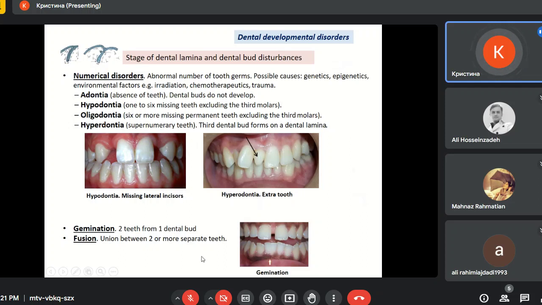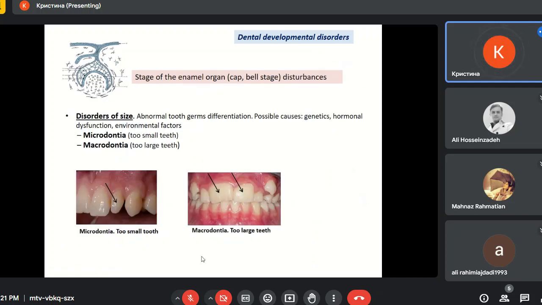And it is very important in clinical practice for the dentists. If something bad happened in the stage of the enamel organ, we will have the disorders of the size of the tooth. For example, microdontia, too small teeth like this one, or macrodontia, too large teeth like these.